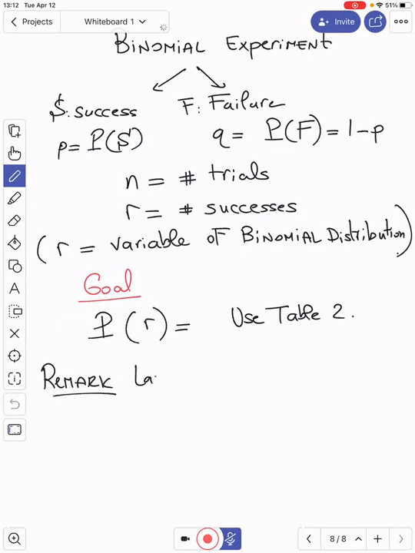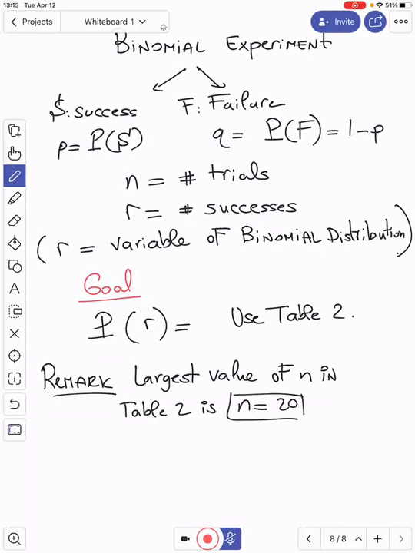I'm just saying that the largest value of N in table 2 in this chart is actually 20. And I think there are some missing values between, I think, 15 and 20.